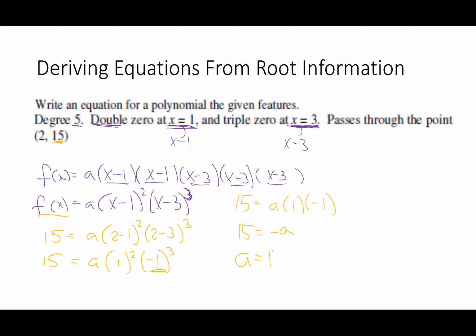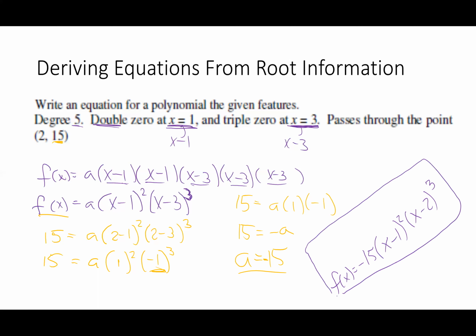So then I get a is equal to 15. Or negative 15, I'm sorry. So my final polynomial comes out to be negative 15, (x minus 1) squared, (x minus 3) cubed.